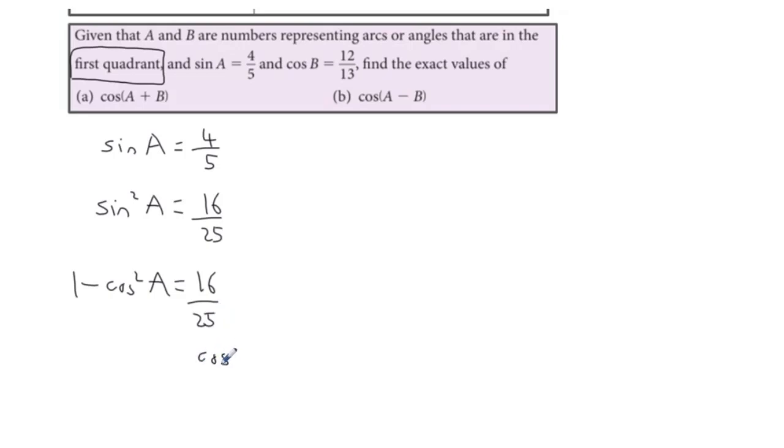So cos squared A equals, well, it's going to be 1 minus 16/25. So you could write 1 as 25/25, minus 16/25. 25 minus 16 is 9.